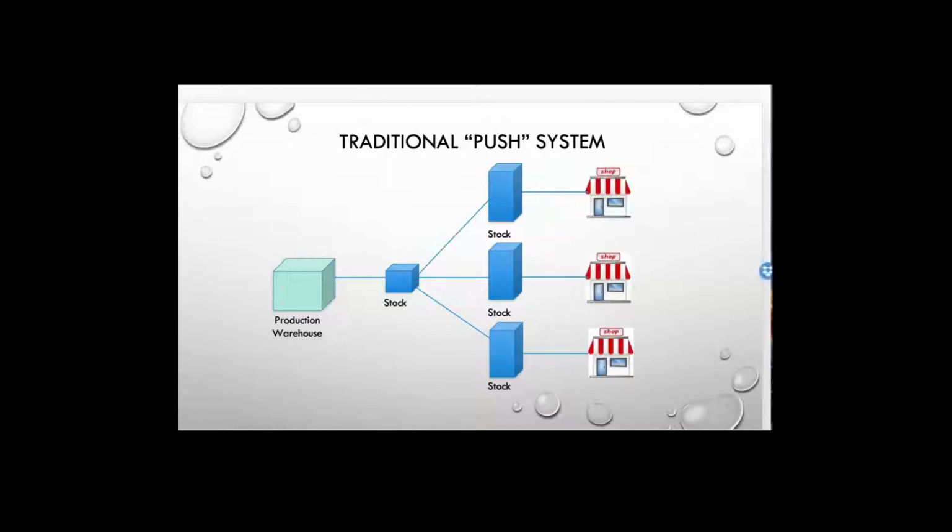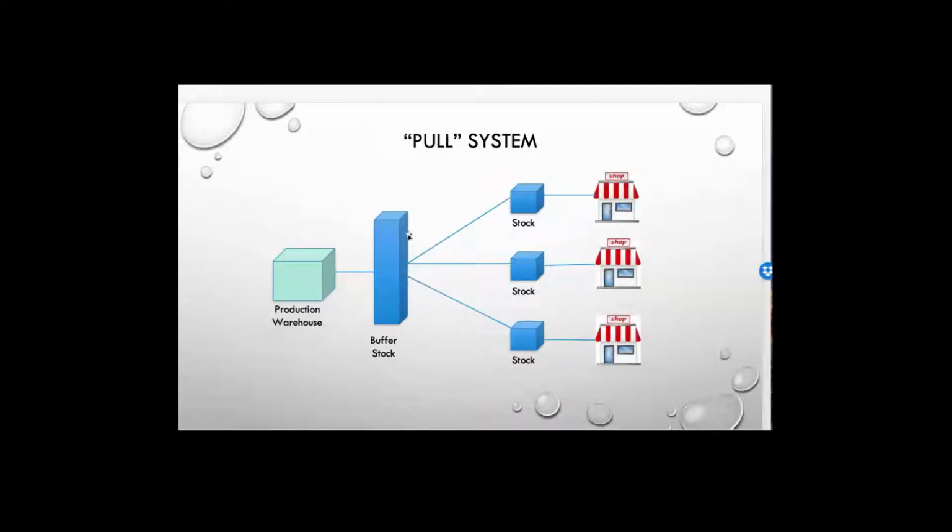Now, in a pull system, we have the buffer stocks close to the production warehouse, and we have small stocks near the shop, because we only are concerned about having enough stock near the shop to cover the replenishment time.